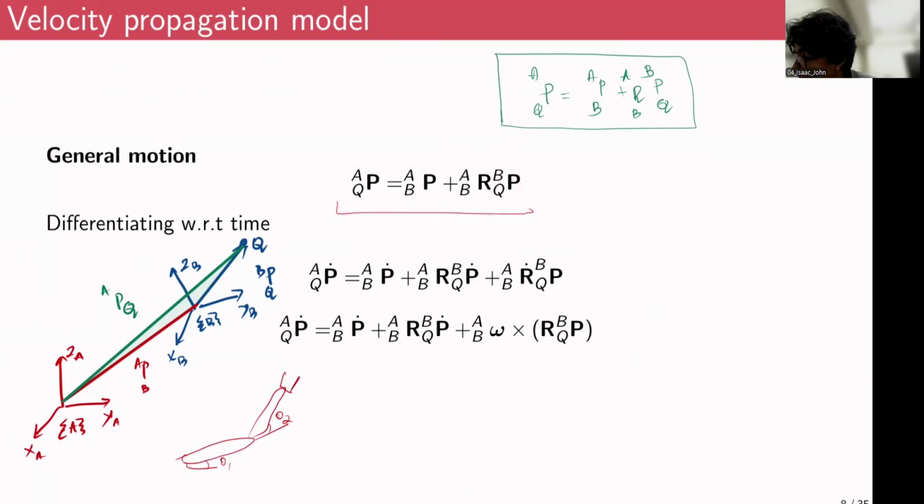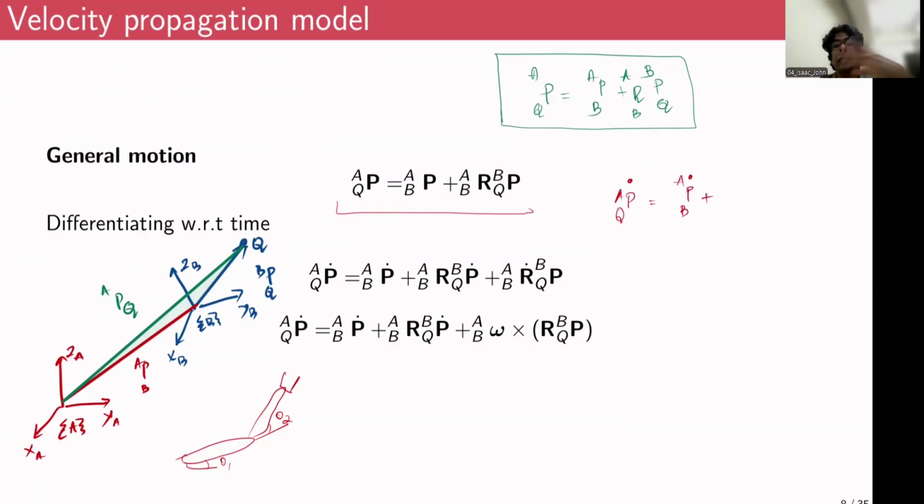If you take the derivative, I'll write it like this: the derivative of the position vector of q with respect to a, I'll denote the derivative with the sign dot, would be the derivative of the position vector of b with respect to a, dot.